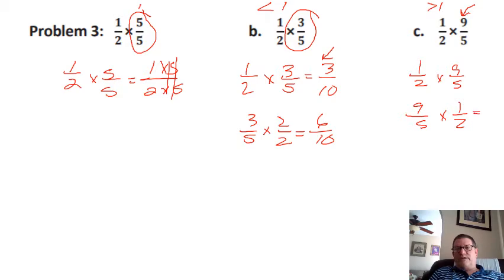Now, when we multiply this out, our answer should be greater than 1/2 because we are multiplying by a fraction greater than 1. So we end up with 9/10. And I know 1/2 would equal 5/10, so we are definitely greater than 1/2.